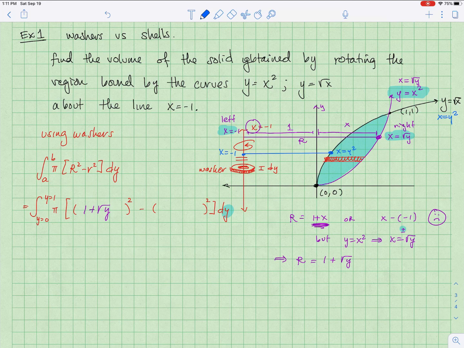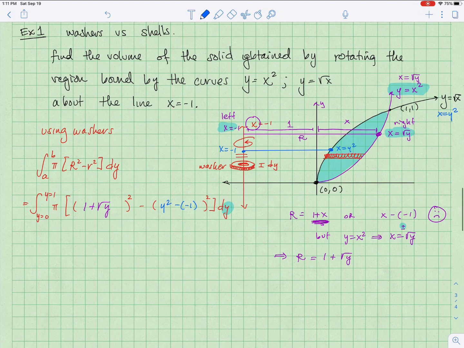So what we have is x minus x, but on the right we have y squared, and on the left we have negative 1. So little r is y squared minus negative 1, which is y squared plus 1.